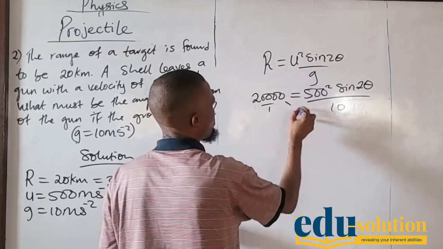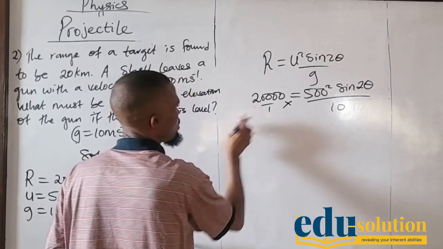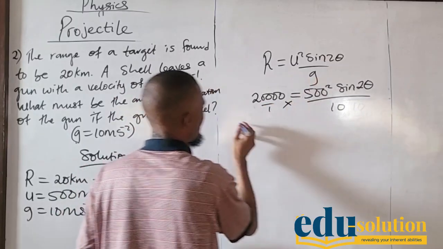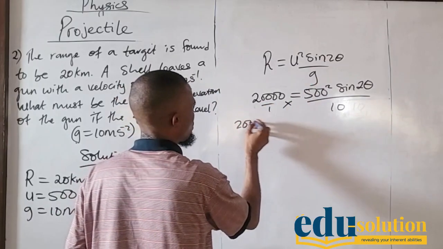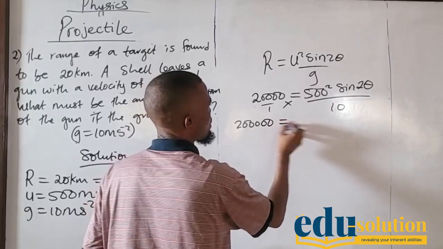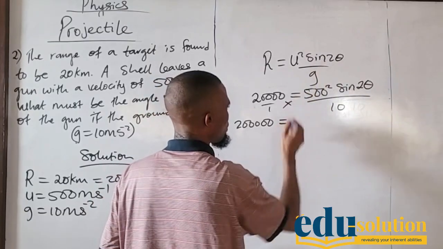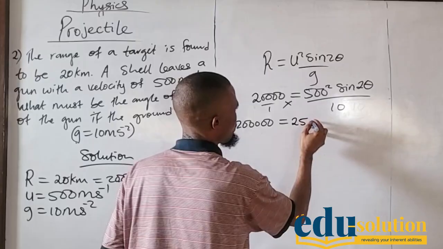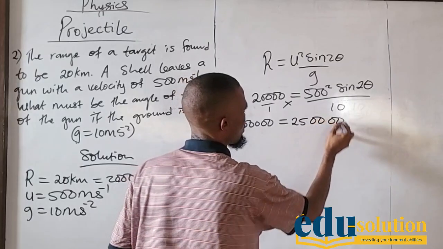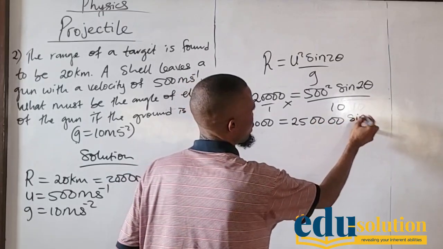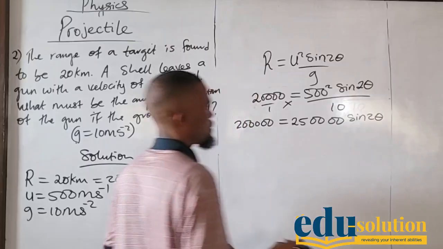So when we cross multiply, 20,000 times 10 is going to give us 200,000 is equal to 500 squared, so that's 250,000 sine 2 theta.